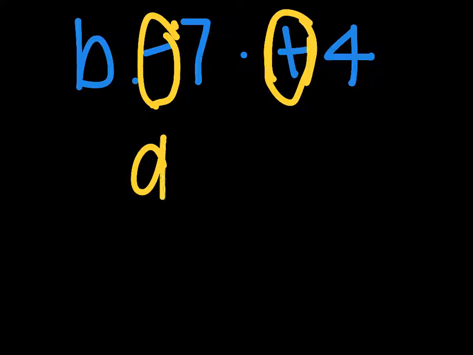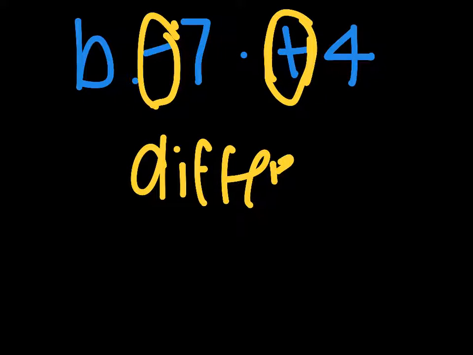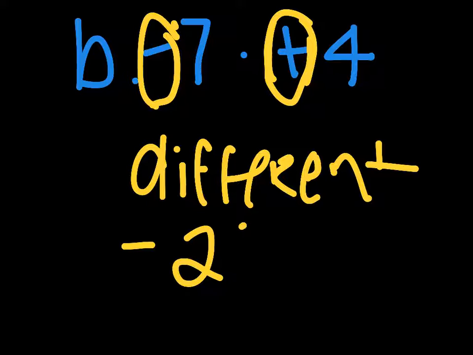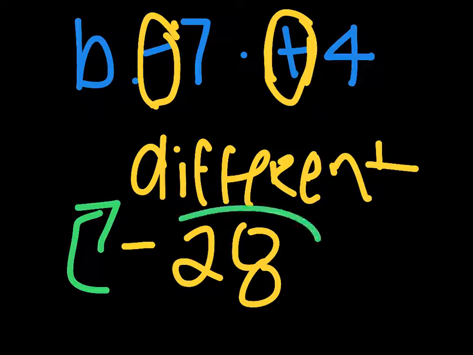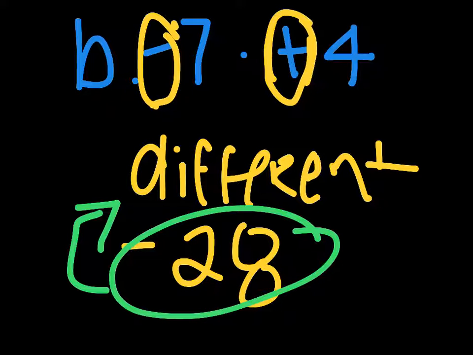That's right. They have different signs, so we know that the answer is going to be negative. So we know 7 times 4 is what? 28, but not just any 28, negative 28, because the signs were different. Alright, great.